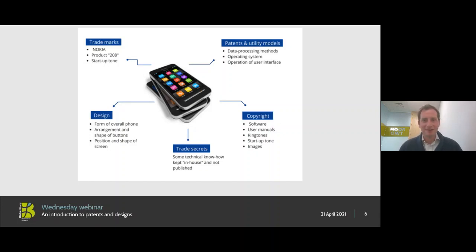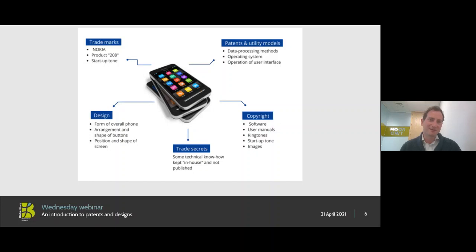So we can see here we've got a telephone, haven't we? It's a bit like an iPhone, but it's got some fairly duff-looking buttons at the bottom. And what we've got here is some patents, maybe in the software inside, the user interface, probably battery technology that's patented, data processing methods, lots and lots of patents on a world-beating phone, I would think.